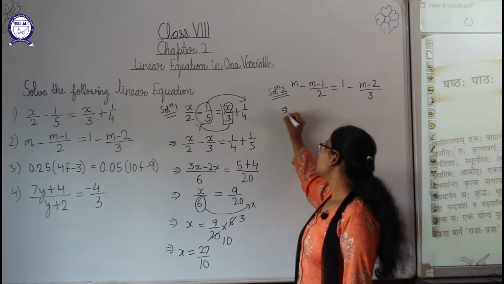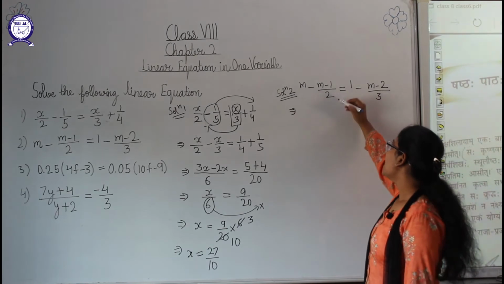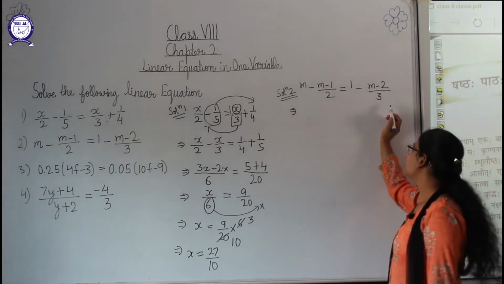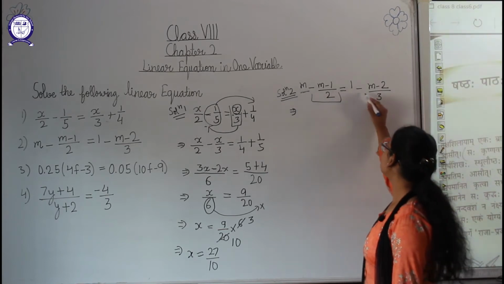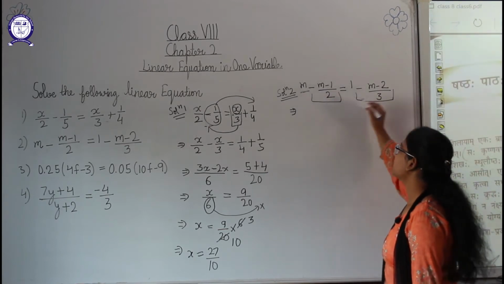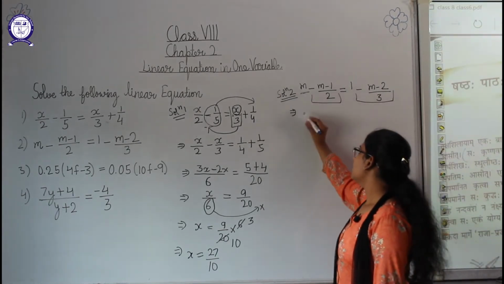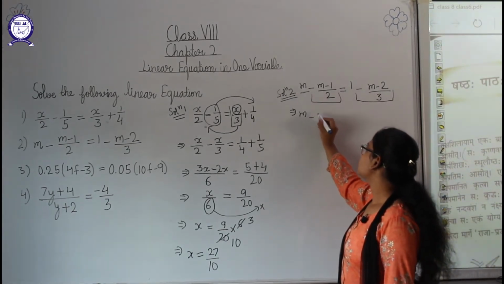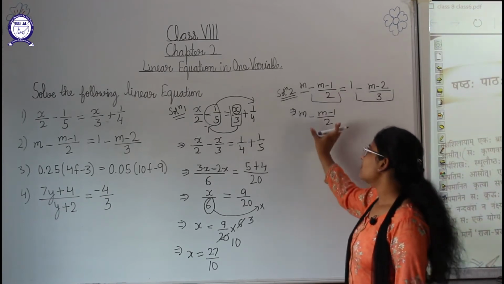As we know, we have to take the variable terms on one side and constant terms on the other side. So here this is a variable term, this one is a variable term, and this one is a variable term. One is the only constant here. So m minus 1 by 2 will be as it is.